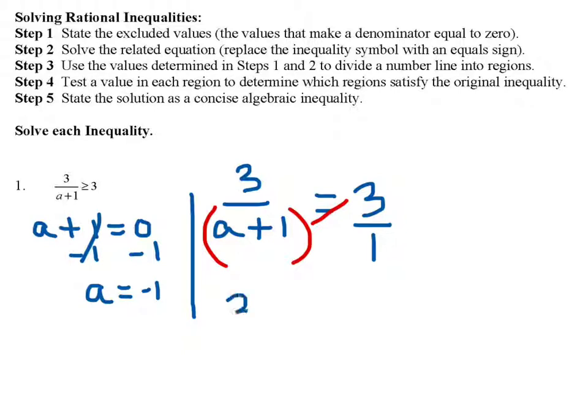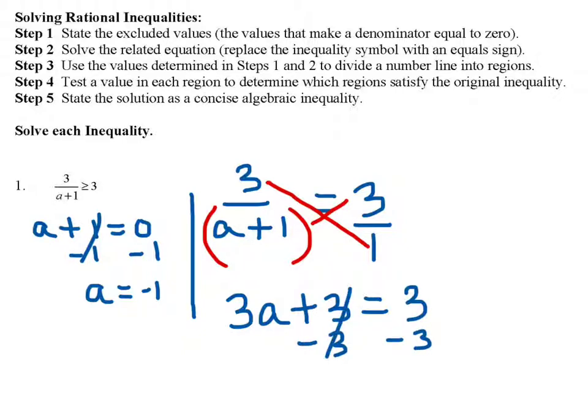So I end up with 3a plus 3 set equal to, let's cross multiply here, the 3 times the 1, which is 3. Now solving for a, I subtract 3 from both sides. 3a is equal to 0, therefore a is equal to 0 when we divide both sides by 3. So we've now completed step 2.